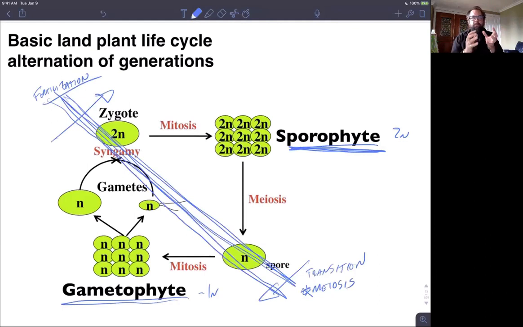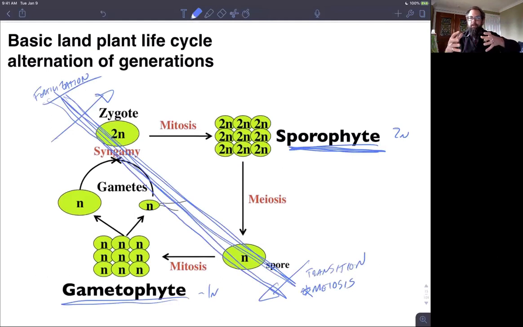It's like if our gametes were to go out and produce their own separate little organisms, whether those are sperm or egg, and then those undergo mitosis to create the gametes themselves. So it's these separate little organisms whose sole purpose is to get out in the world and to make gametes.